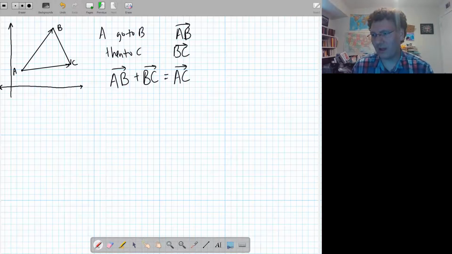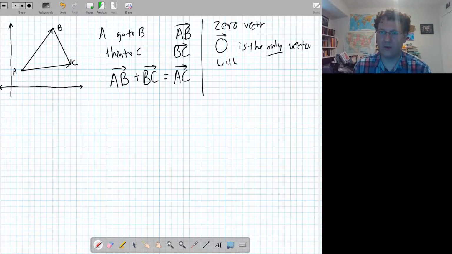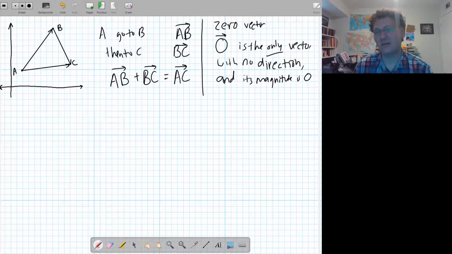All right. One thing I should point out is the zero vector, written like that, is the only vector with no direction. Well, its magnitude is zero too.